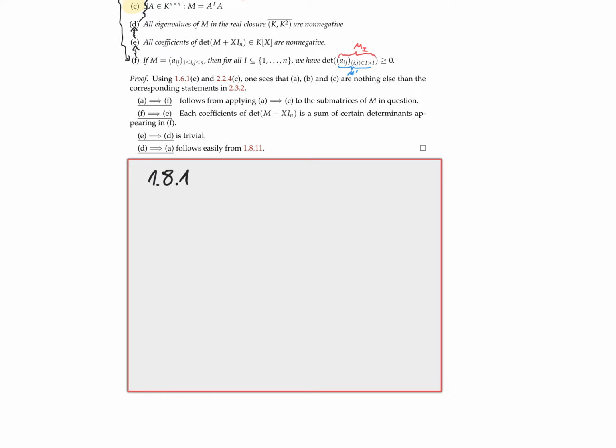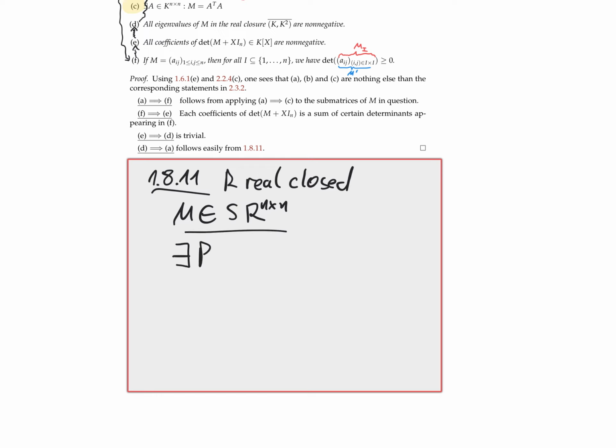1.8.11 was the following theorem. Let R be a real closed field, and M a symmetric n by n matrix over R. Then there exists an invertible matrix P over R, such that P transpose P is the identity, and P transpose M P is a diagonal matrix.